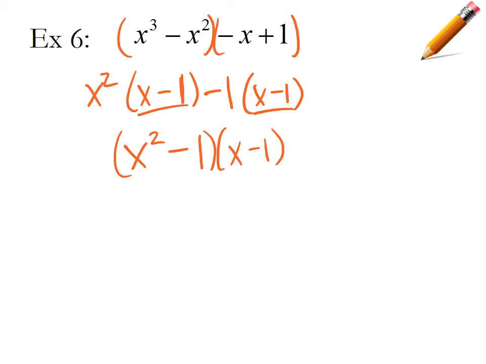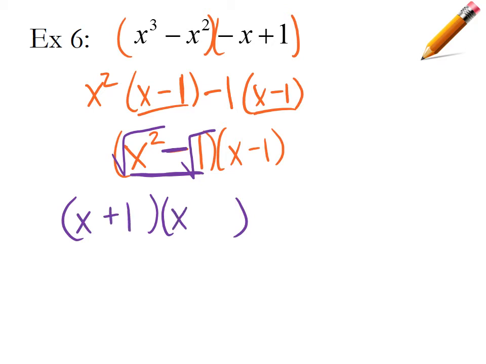Now here's where we're going to take it a step further from the last unit. Take a look at this factor. That factor is also a difference of squares. We have to break that apart into 2 parentheses. It's a perfect square, and a minus sign. So x squared minus 1 is the same as x plus 1, x minus 1.